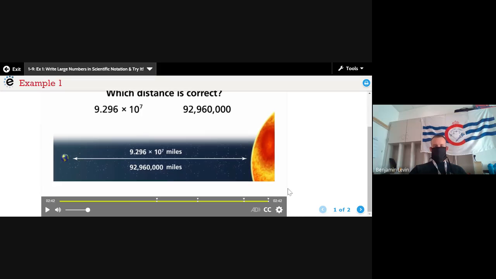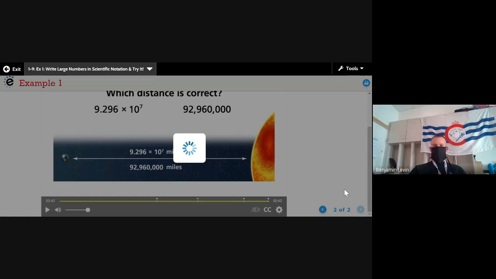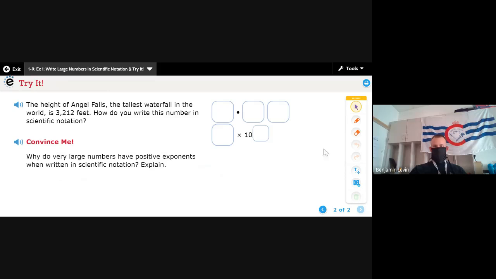All right, so let's go on to our first activity here. Okay, so the height of Angel Falls, the tallest waterfall in the world, is 3,212 feet.